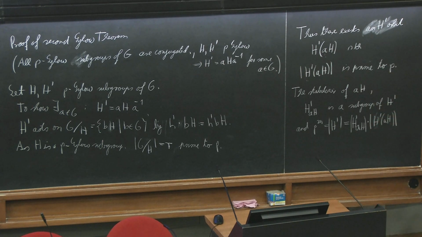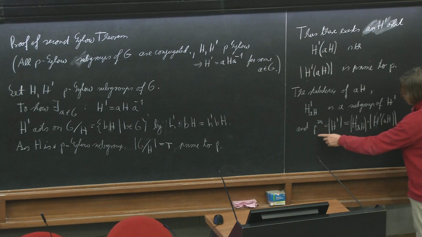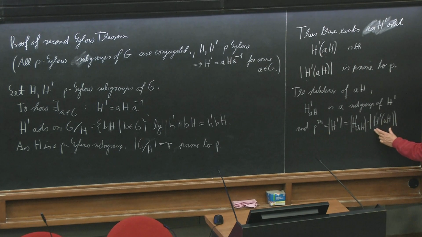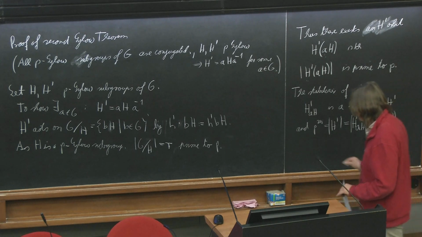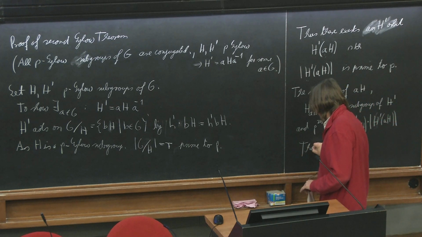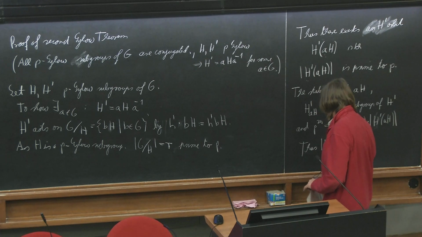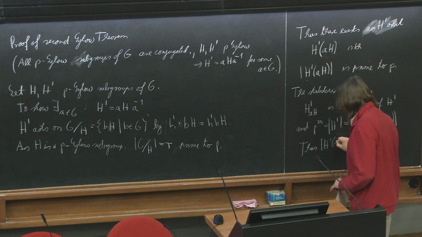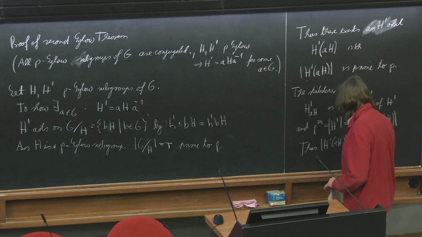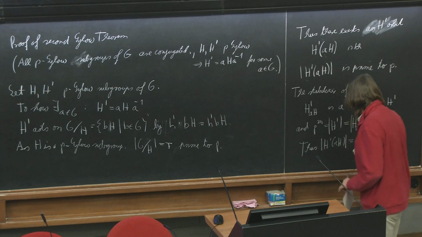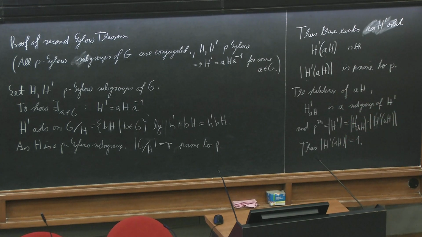Now, we know this number is prime to p, so it's not divisible by p. But obviously, it has to be a divisor of p to the m. The only possibility for this is that the number of elements in the orbit is equal to 1. So the orbit consists only of one element.